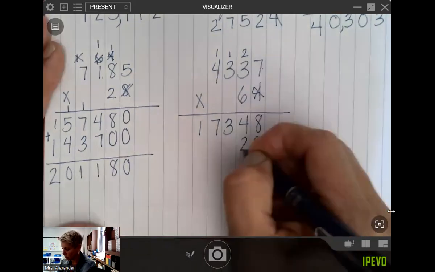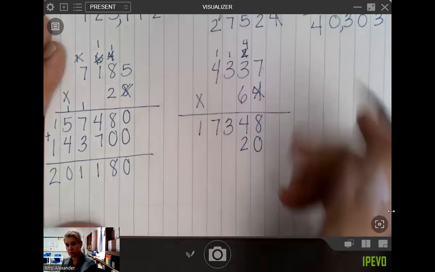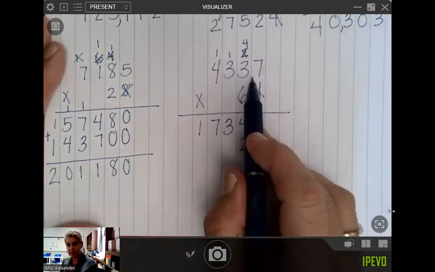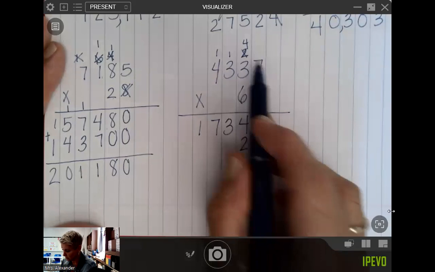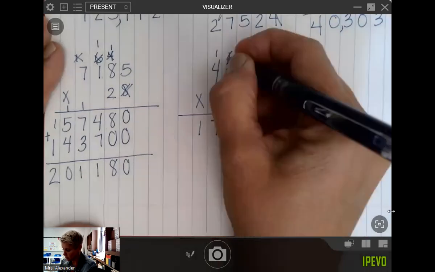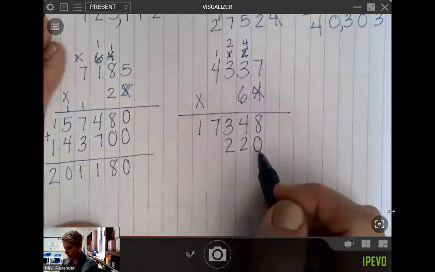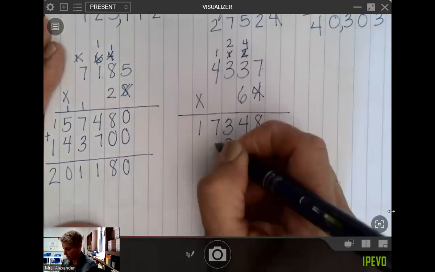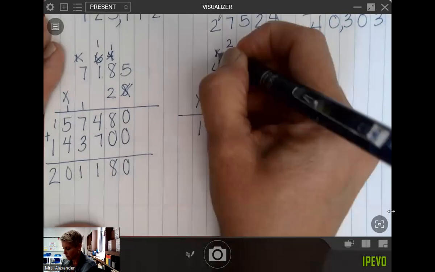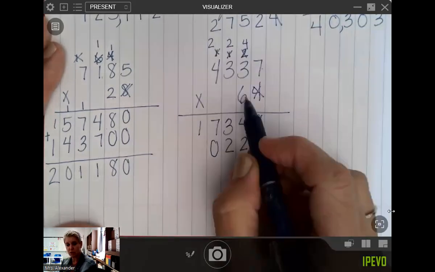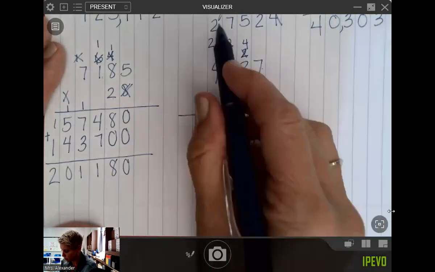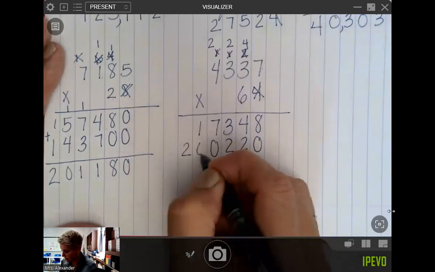Leave the 2, regroup the 4. 6 times 3 is 18, plus 4 is 22. Leave the 2, regroup a 2. 6 times 3 is 18, plus 2 is 20. Leave your 0, regroup that 2. 6 times 4 is 24, plus 2 is 26.